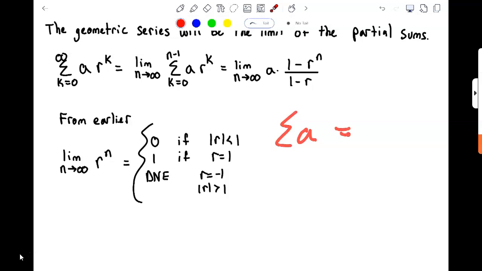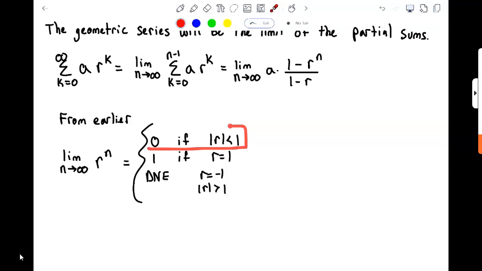If you take a non-zero number and add it up an infinite amount of times, it's going to be infinity. So r equal to 1 is also, as far as the infinite series is concerned, going to diverge.